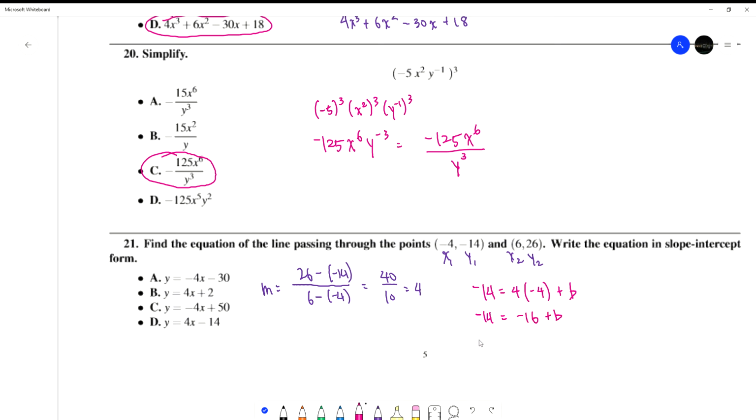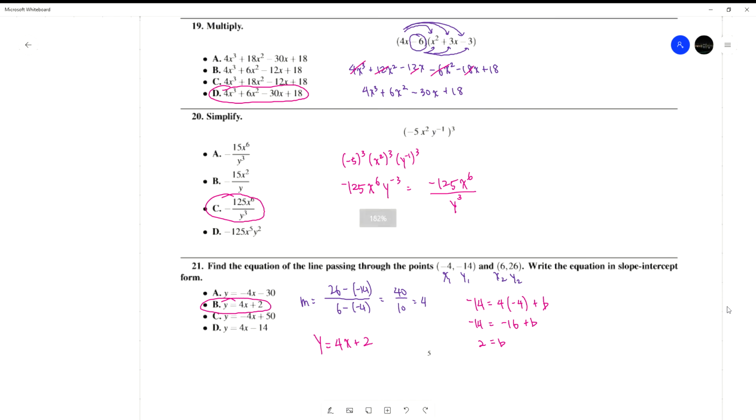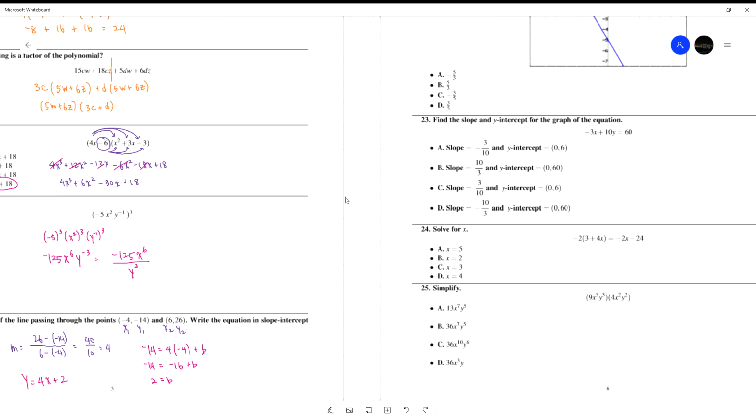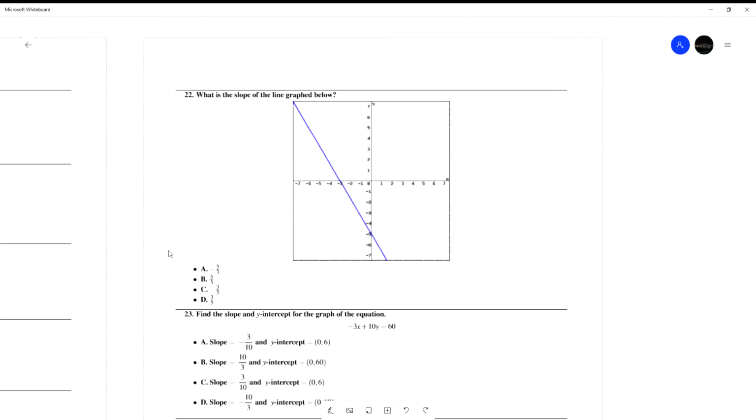We add 16 to both sides, and we get positive 2 is equal to b. So now we have our slope and our y-intercept. That means y is equal to mx plus b, which is answer choice B. The calculator won't do that one for you. You're going to have to know how to do that by hand.